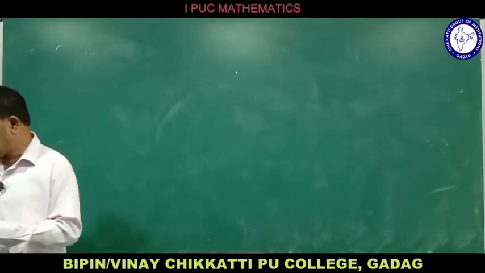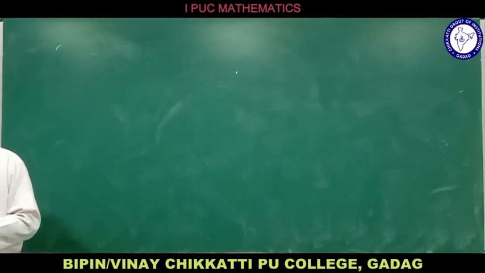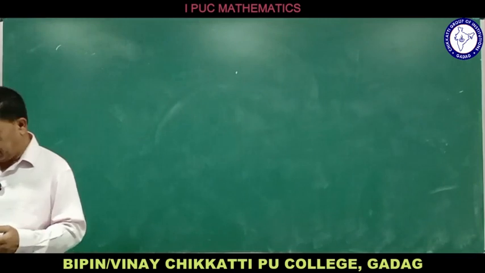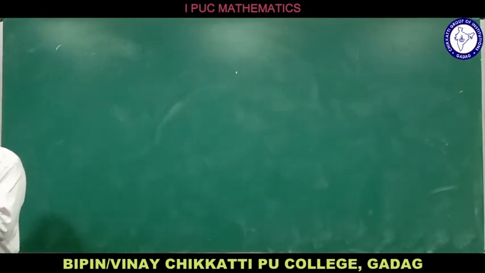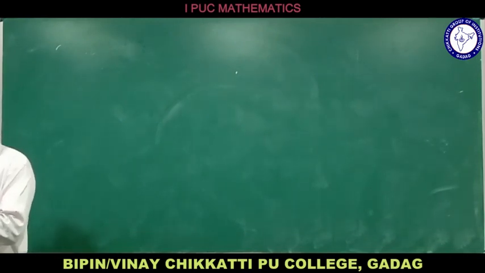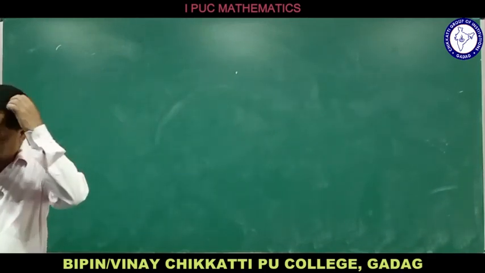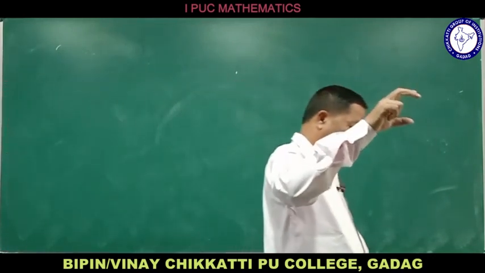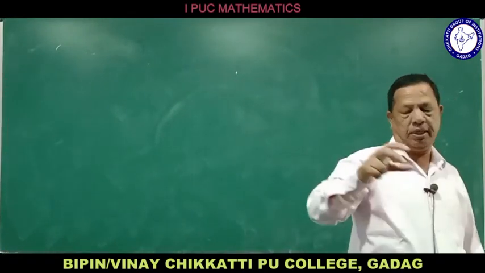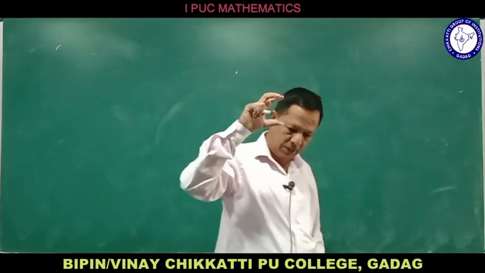When you say domain, domain of what? Domain of the relation. So the set of all first elements of the ordered pairs in a relation R from set A to set B is called the domain of the relation R. Once again I say, domain means what? Already you have understood that a relation is nothing but a subset.